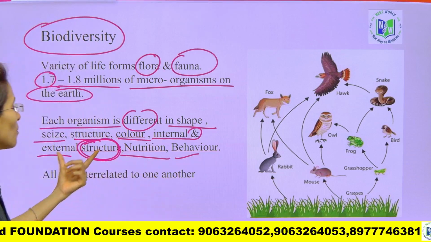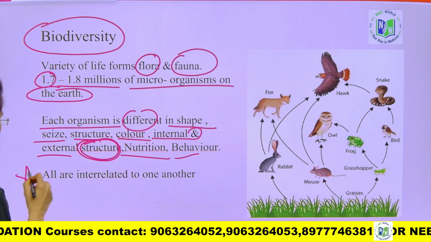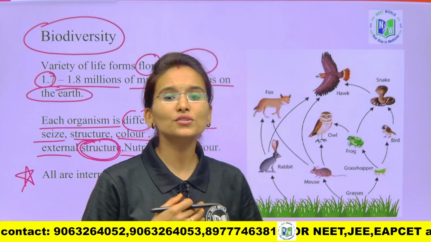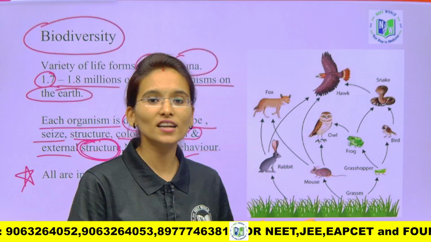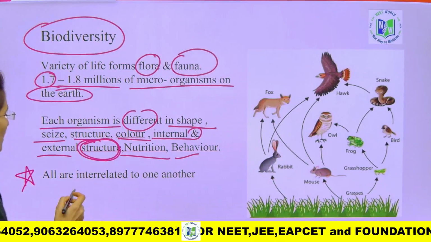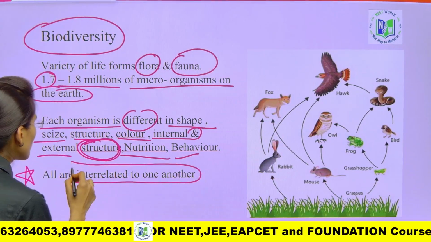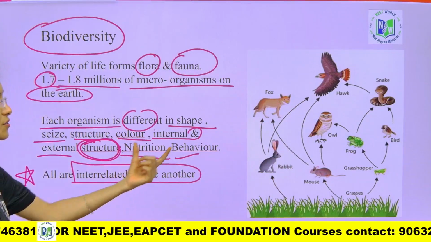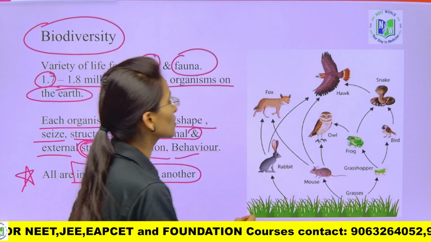But here is a main point, students. All the organisms are different and show variety in nature from one another, but all are interrelated to one another. See how this particular definition is going to define. Look into this particular picture, my dear students.